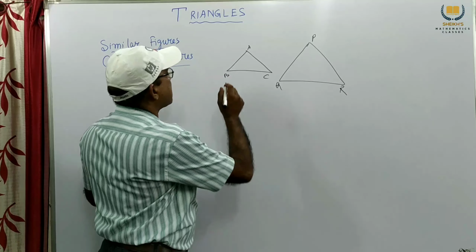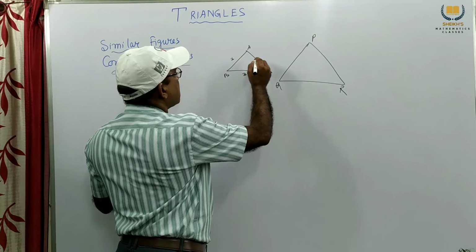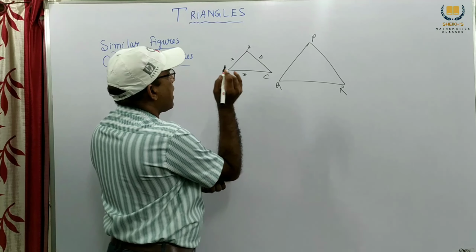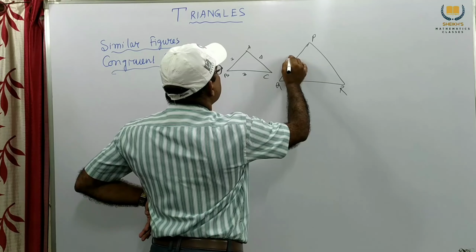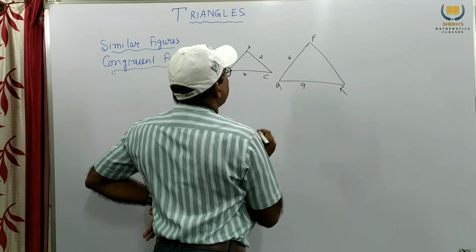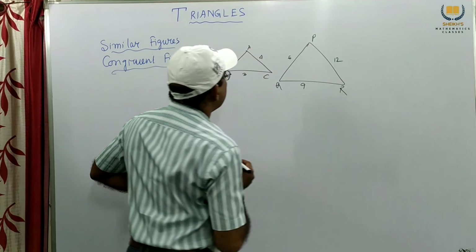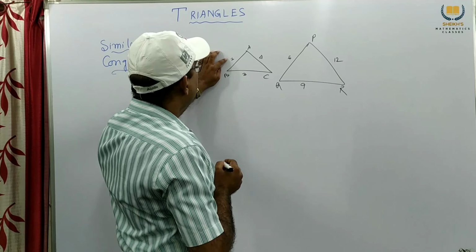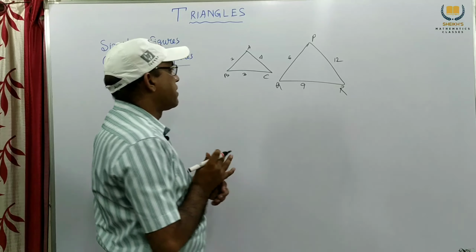Suppose this length is 2, this is 3, this is 4, and this length is 6, this is 9, and this one 12. So these lengths are given.